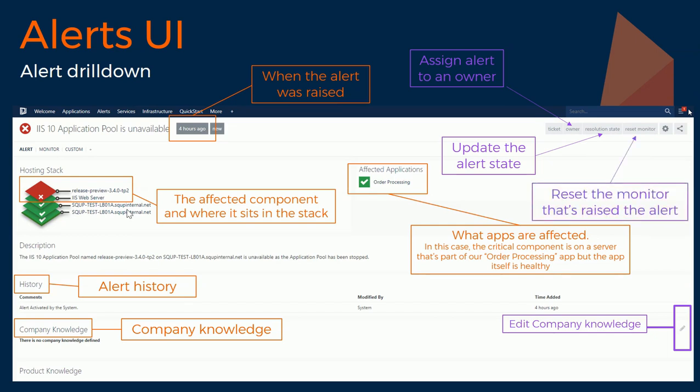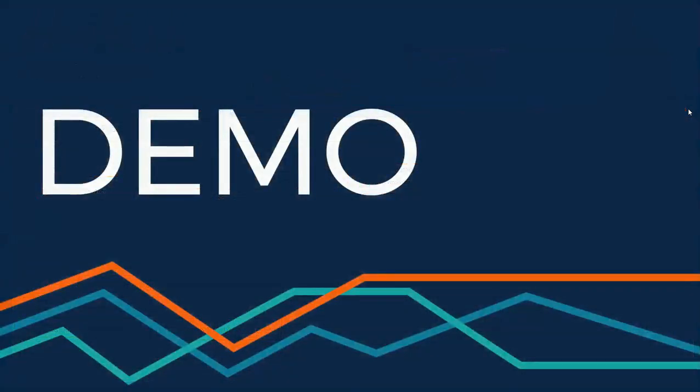So if for some reason perhaps we think this is a false positive, I might want to hit the reset monitor. That will then put this back in a healthy state. And obviously, if the problem persists, the monitor will fire again, and we'll get another alert on that. All right, let's now switch over to my demo lab to show you that in action.